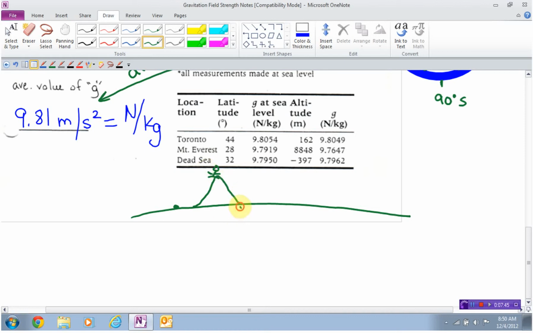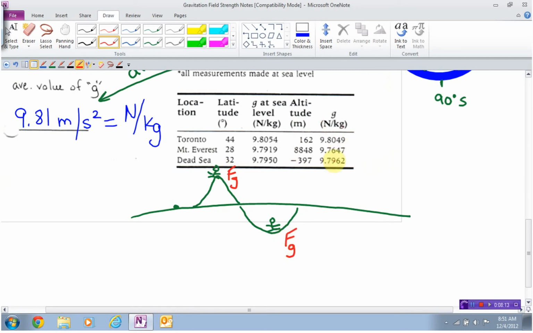If you dig a hole to the bottom of it, the closer you are to the Earth's center, the greater your force is. So up here, your weight or force of gravity will be one value. It'll be greater if you are closer to the Earth's center. Further away, it's less. Closer to the center, it's greater. And that's what these numbers here indicate.